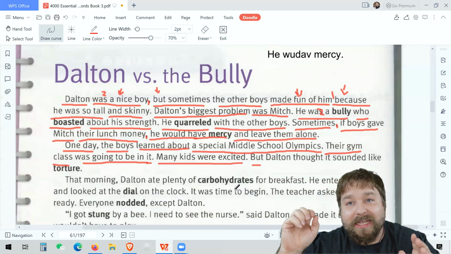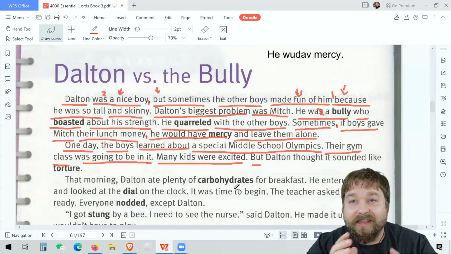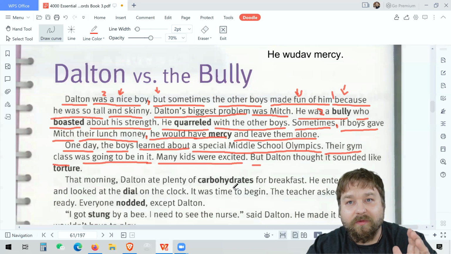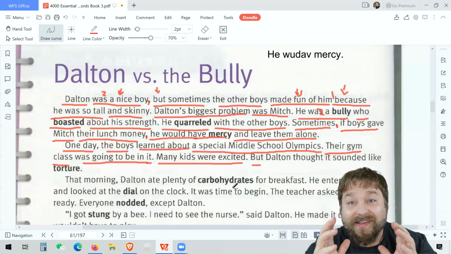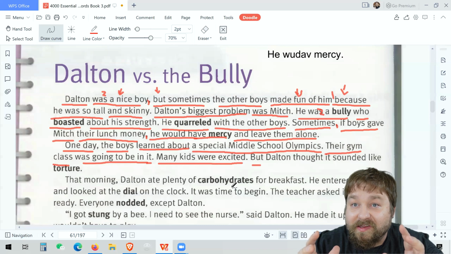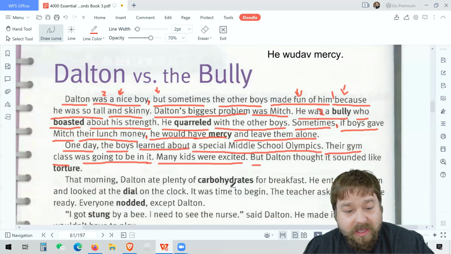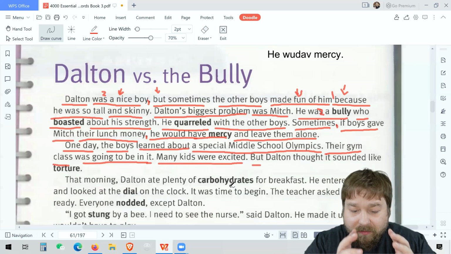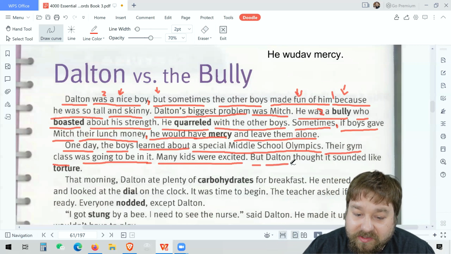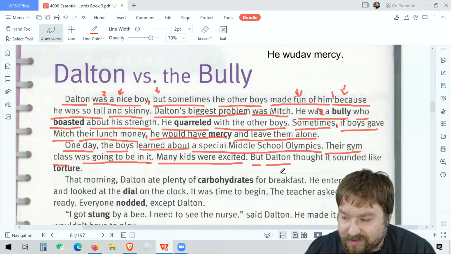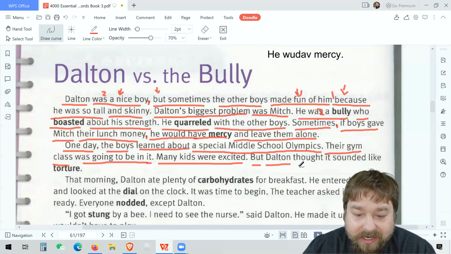Many kids were excited, but Dalton, see, instead of going, but Dalton, we said, but Dalton. Still a little bit more emphasis on but we borrowed some of that time. We can't stretch it now. Many kids were excited, but Dalton, so we're going to break Dalton to get more time. But Dalton thought it sounded like torture. There.